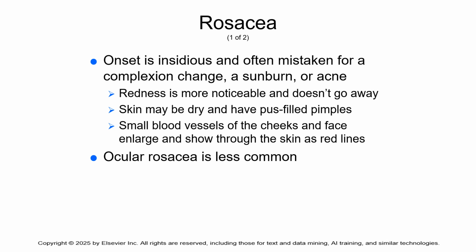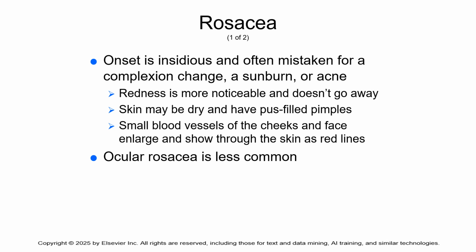Usually, it comes on slowly. We might think they have been sunburnt, but obviously, if the sun's not been out for a few days, they shouldn't be sunburnt. Or they might say, well, it looks like they're just getting acne. The redness is the most obvious thing you're going to see. The skin gets dry. It has pus-filled pimples.